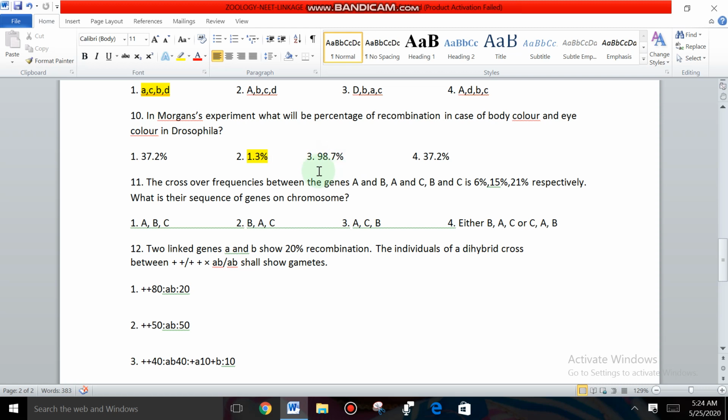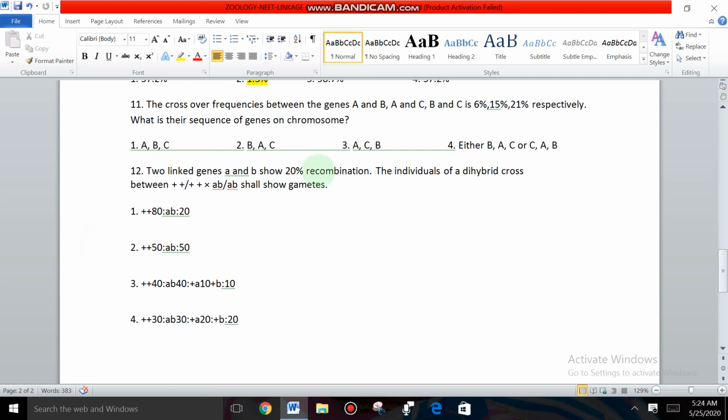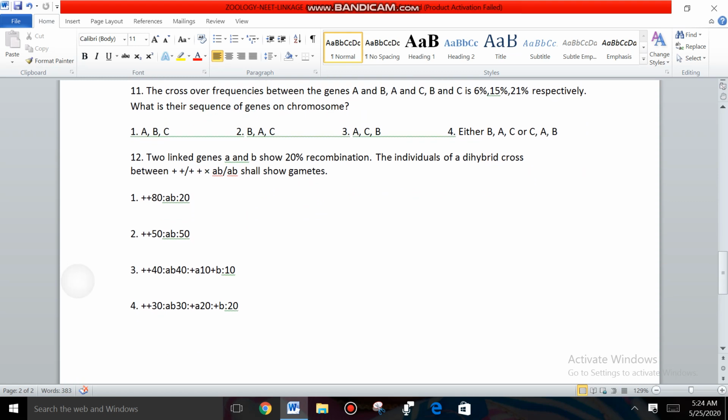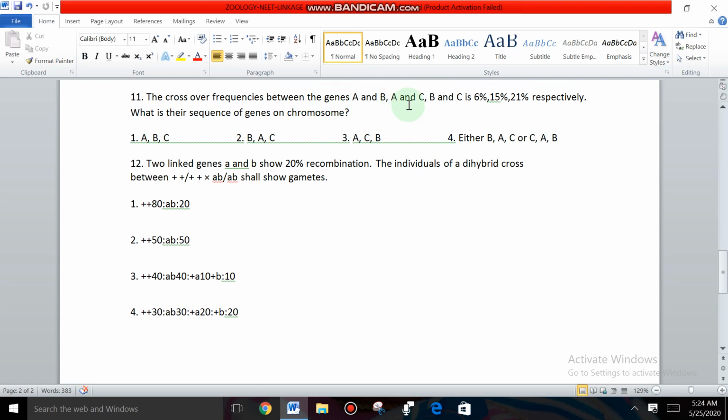Clear? Right. Next question. The crossover frequencies between the genes A and B, A and C, B and C are 6%, 15%, 21% respectively.